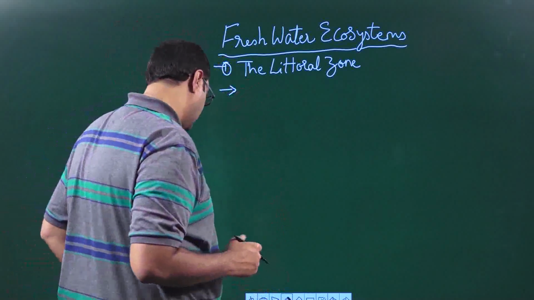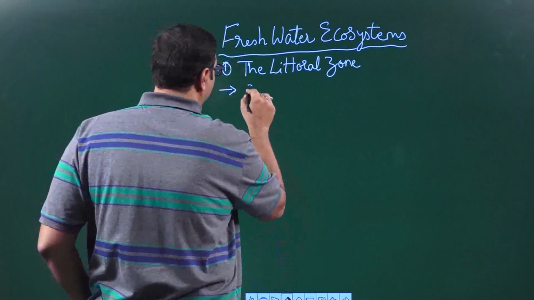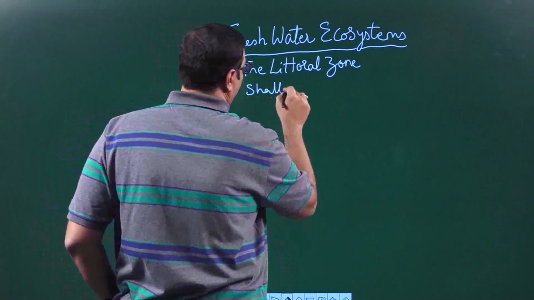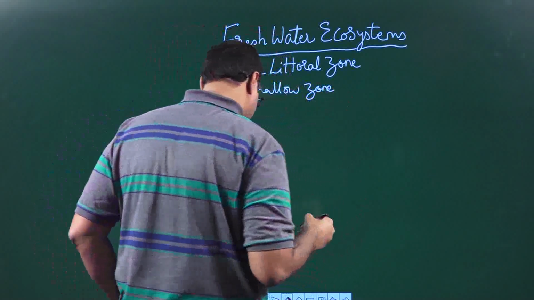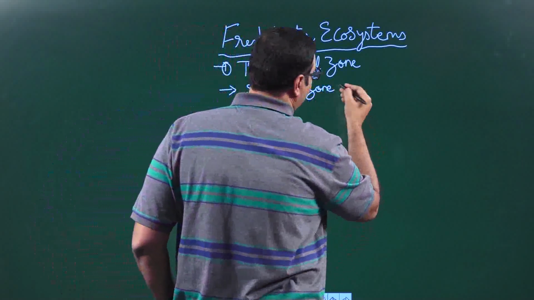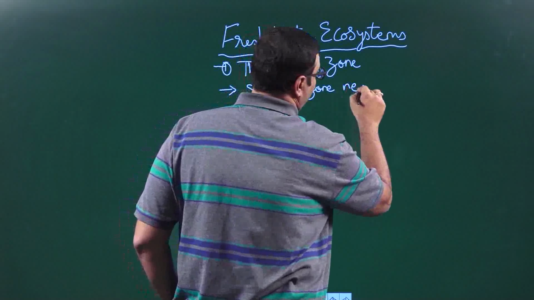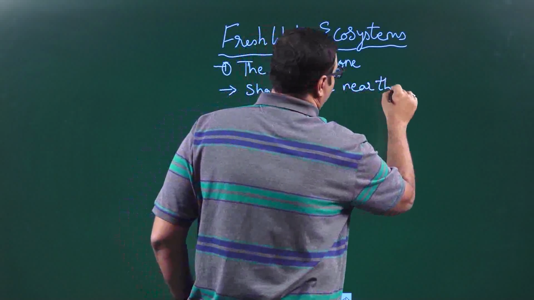The littoral zone is a shallow zone, which means it is seen near the shore.